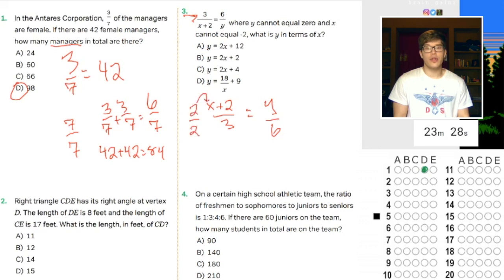Now we need to remember to distribute the 2 to both of our terms. But then we'll have 2x plus 4, and this is over 6, and y is over 6, so our 6's can cancel. So we have 2x plus 4 equals y, which is C. So number 3, going out of order here, so I need to make sure to bubble properly. Number 3, I'm saying is C.